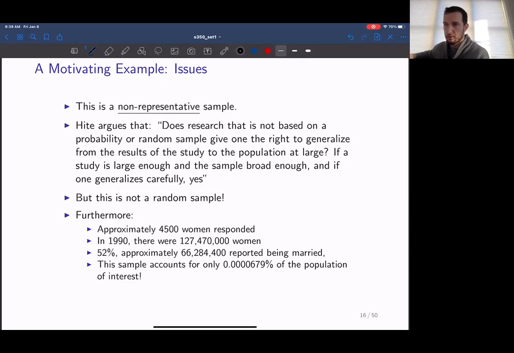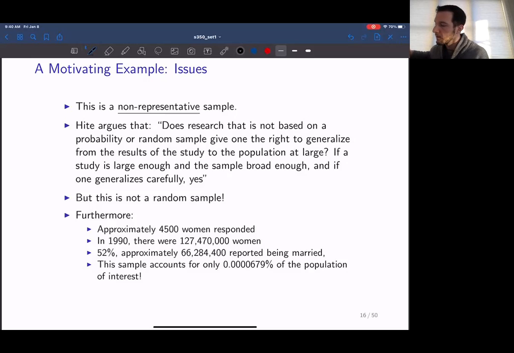Let's say, for example, the target population is adult women, I think, in the US at the time. So the number of women that responded to the survey in this case was around 4,500. At the time of the survey, there were approximately 127,470,000 women in the US.